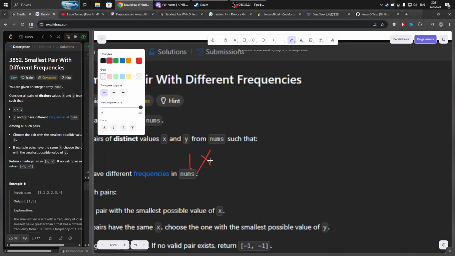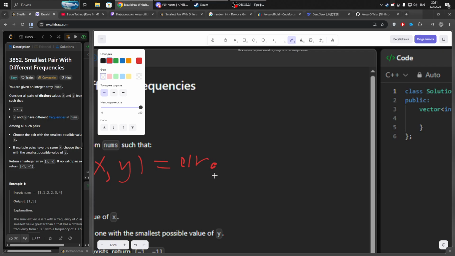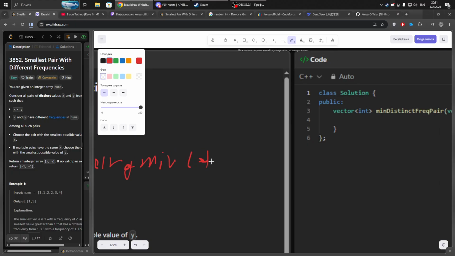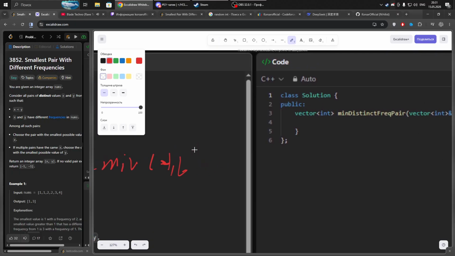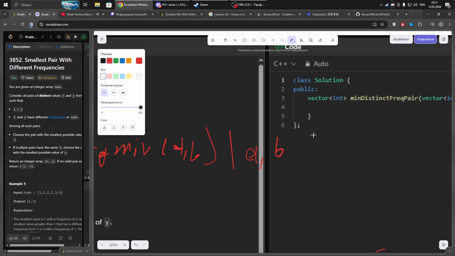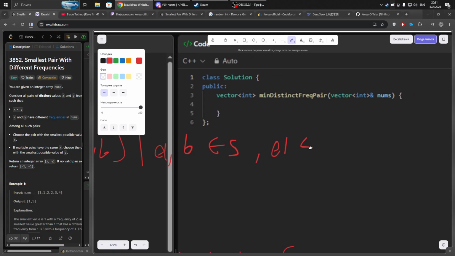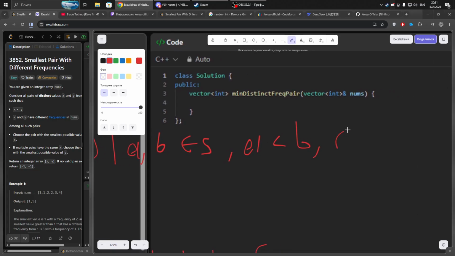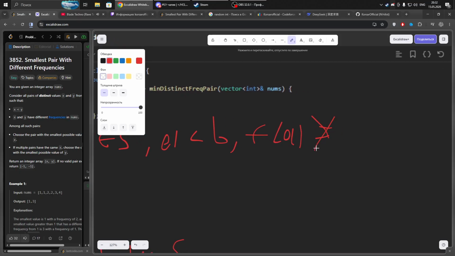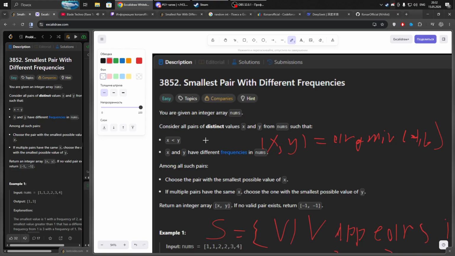It's x, y, well, arg min over a, b, where a is lower than b and f of a differs from f of b. Right, so nice.